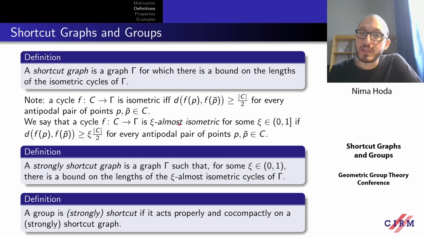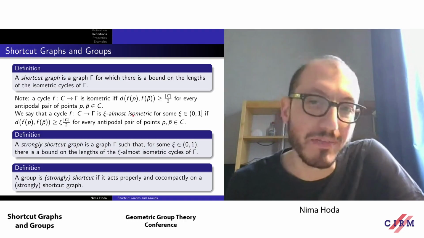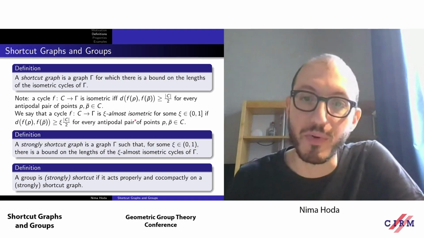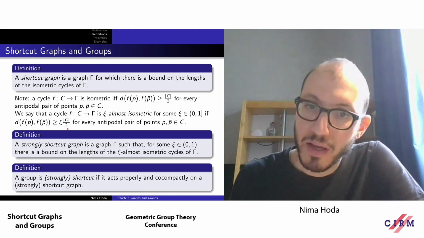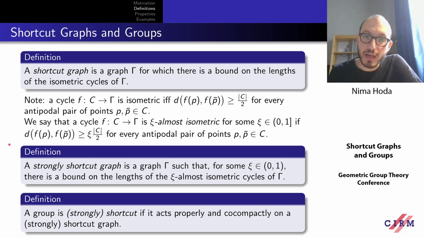So using this notion, it's kind of like being bi-Lipschitz, I guess, but you only care about antipodal pairs of points. So with that, we can give the definition of strongly shortcut.